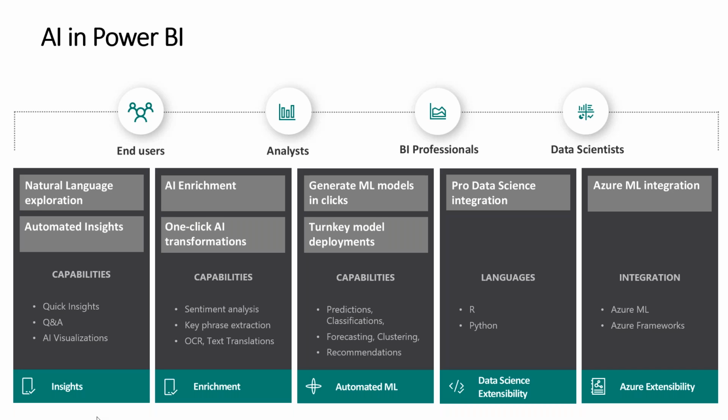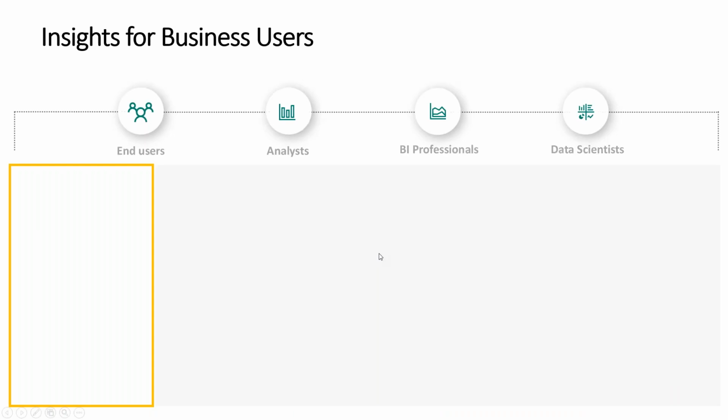So we are working on integrating with tools like R and Python and integrating Azure Machine Learning directly into the product rather than trying to compete with them. And again, we're going to take a look at how we're carrying out some of this in order to enable these scenarios.